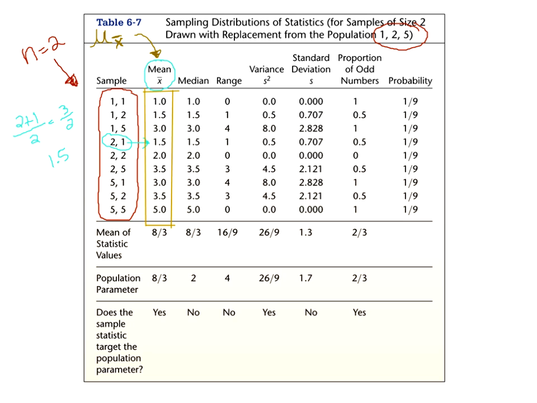Do you see how I'm using the mu? So at the top, I put the mean of the sample means. That's what you just found, and you just told me that was 2.67. All right, so look at that 8/3 at the bottom of the column. Is 8/3 the same thing as 2.67?